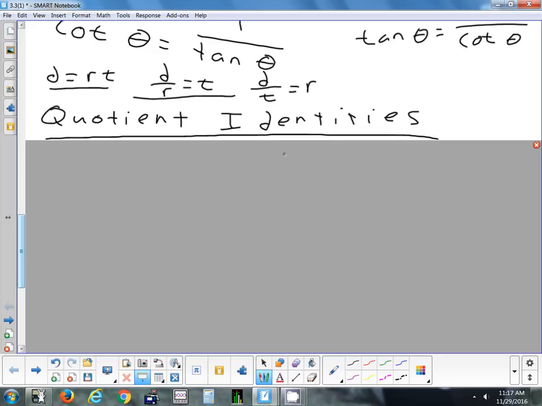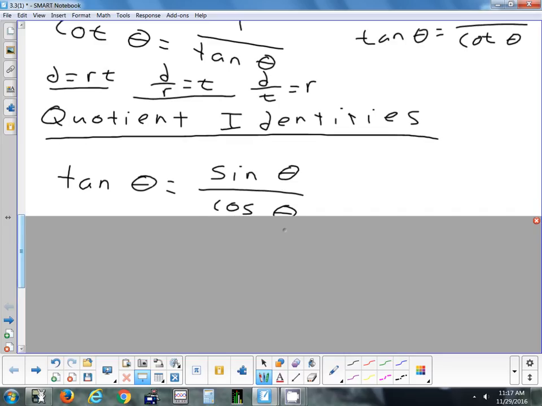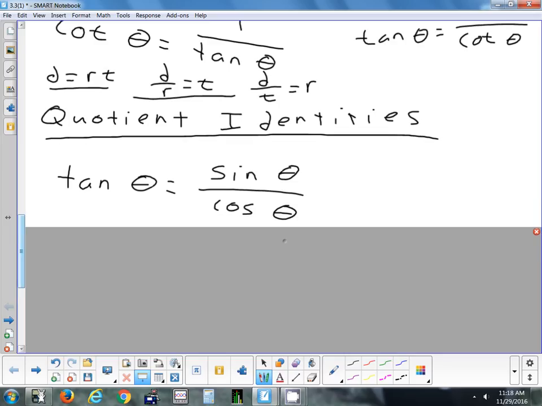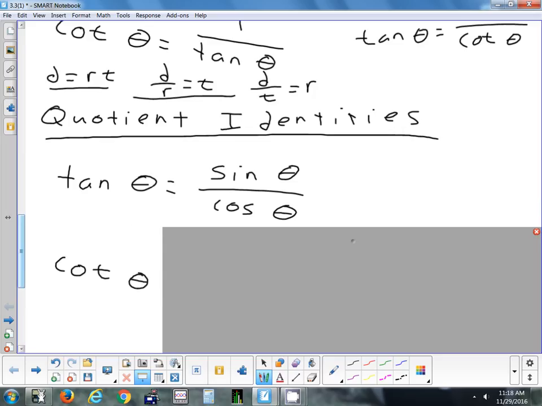Okay, and the other set of identities we're going to look at today are called the quotient identities. The first one I showed you yesterday. Sine over cosine equals tangent.